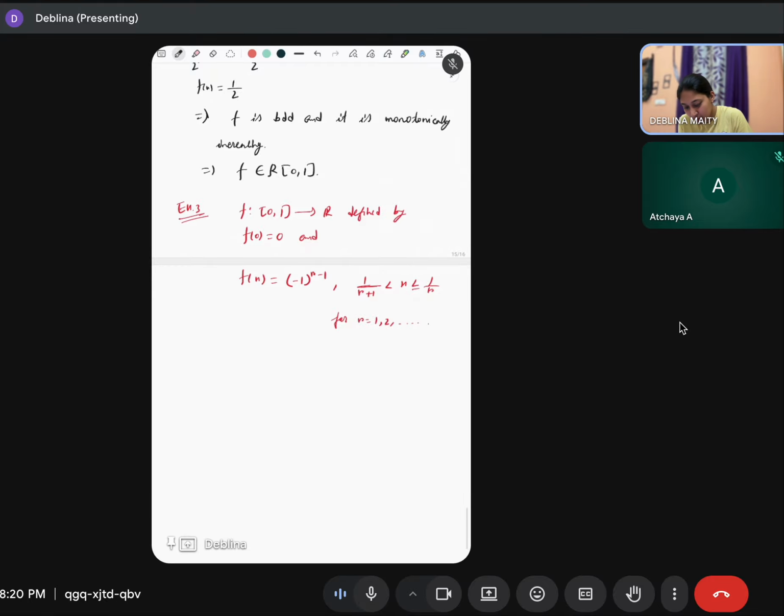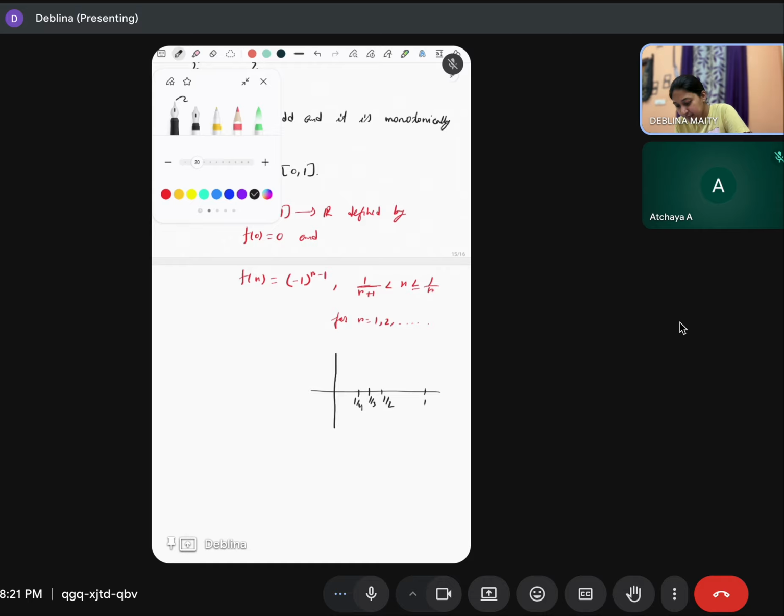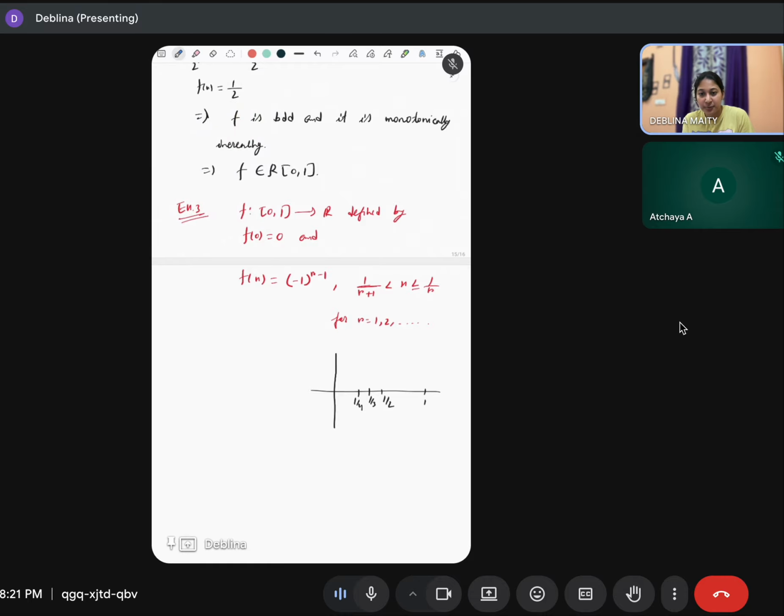So if you look at the graph, the value oscillates between 1 and -1, right? f(x) is (-1) to the power r minus 1.